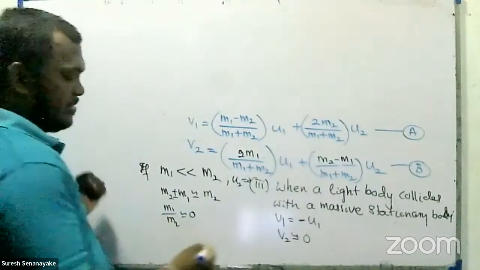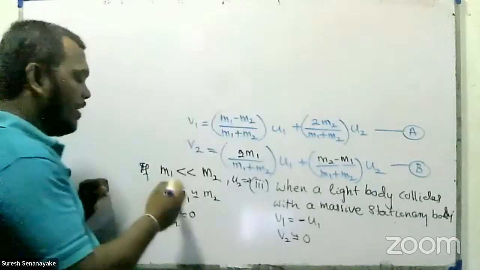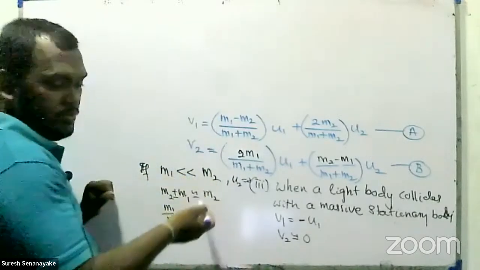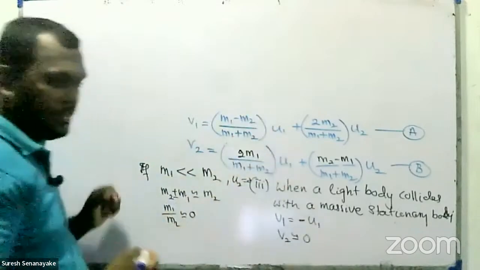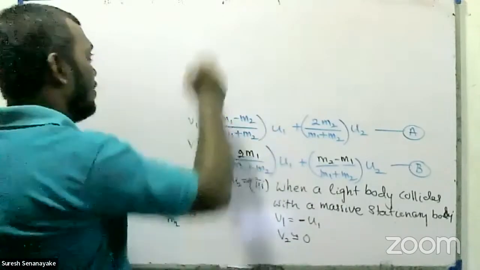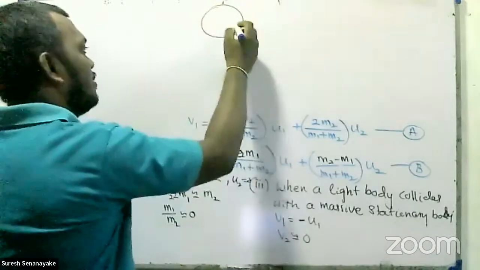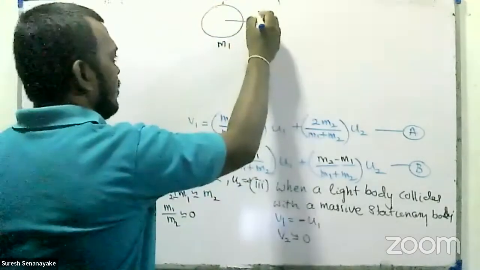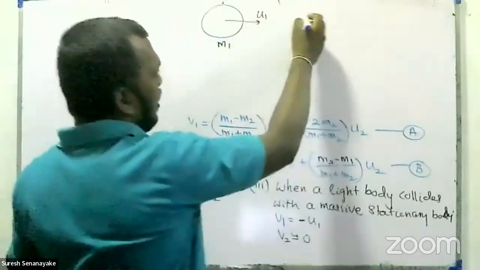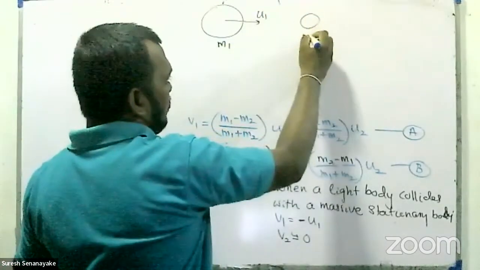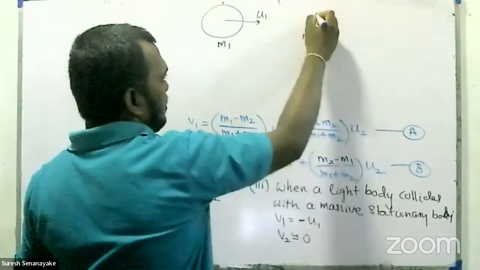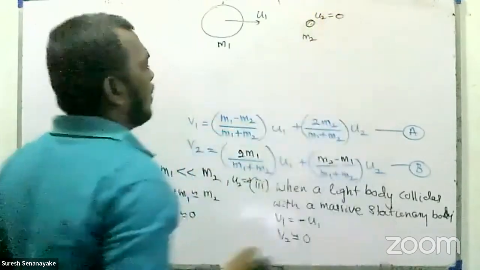Then the other case. M1 is very much larger, and M2 is stationary, right? So when you have a very big body, and here M2 is very small, right? So it is stationary.